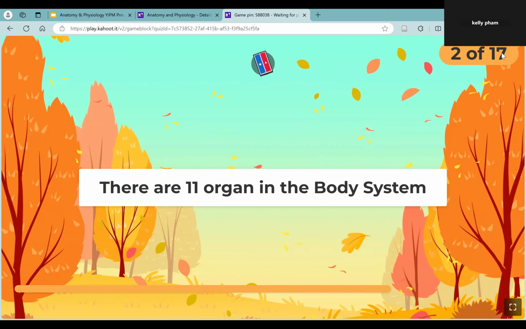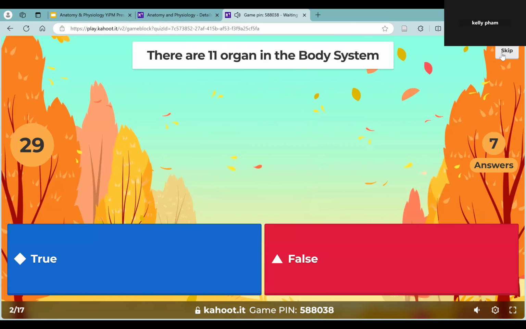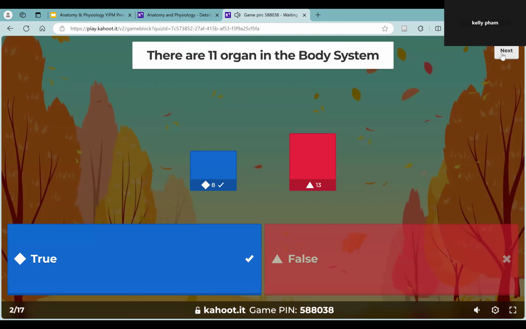True or false? There are 11 organs in total in the body system. Yeah, this is kind of tricky.